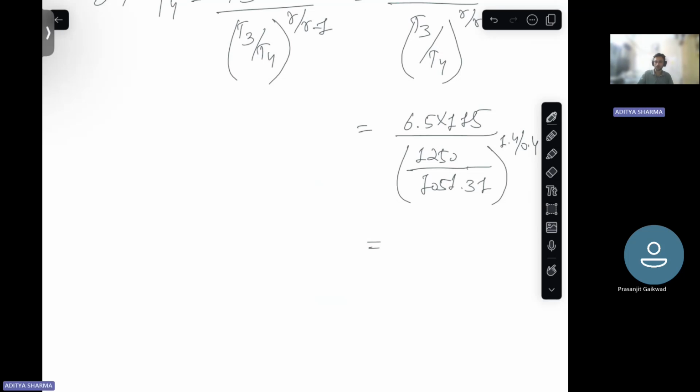So if you solve this, this will come out to be how much? Major part of the paragraph based questions is in this question.